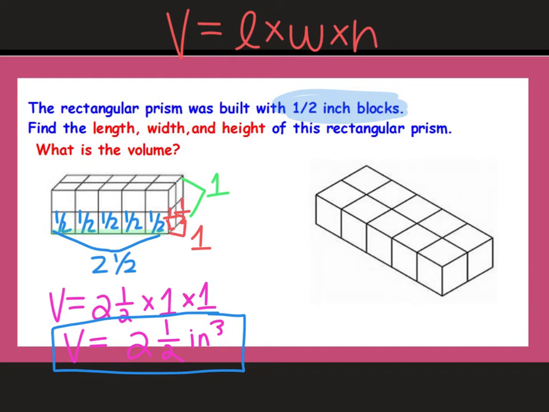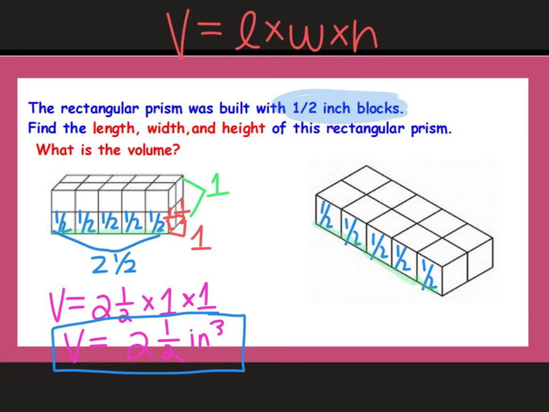All right, same idea for the next one on the right here. We're going to count our length first. So remember, each of these is a 1/2 inch block. So I'll fill this in. So we have 1/2 plus 1/2 right here. It equals a whole. 1/2 plus 1/2, that equals another whole. And then 1/2 left over.